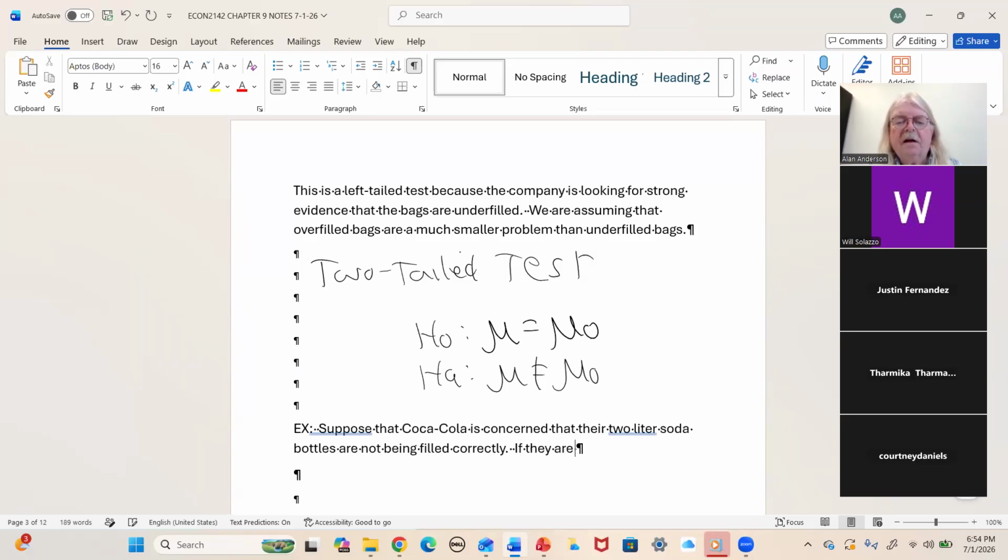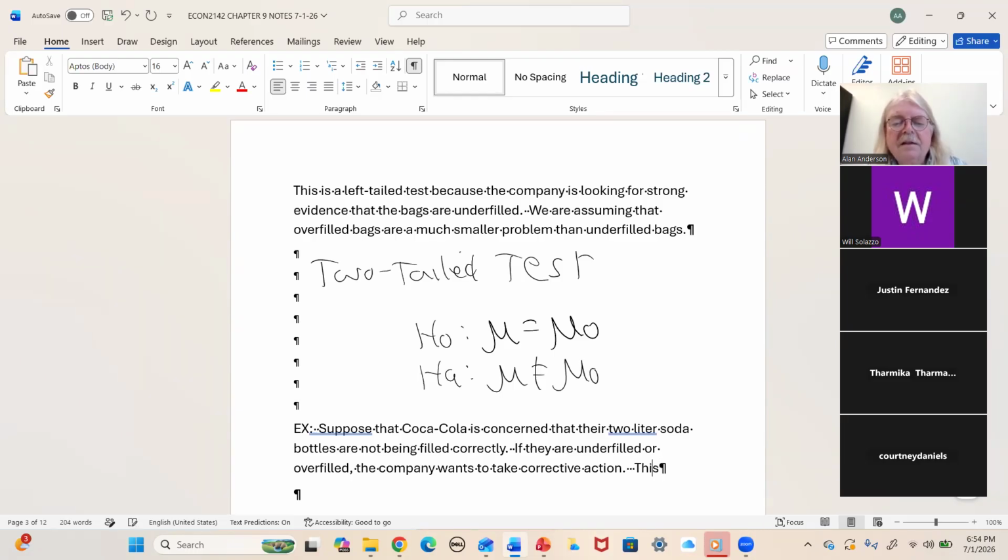If they are underfilled or overfilled, the company wants to take corrective action. In other words, if it's underfilled, they'll get into trouble with the FDA. If it's overfilled, then the bottle could explode on the shelf or something like that. So either one of those is not good. We want to find out right away if there's a problem there.